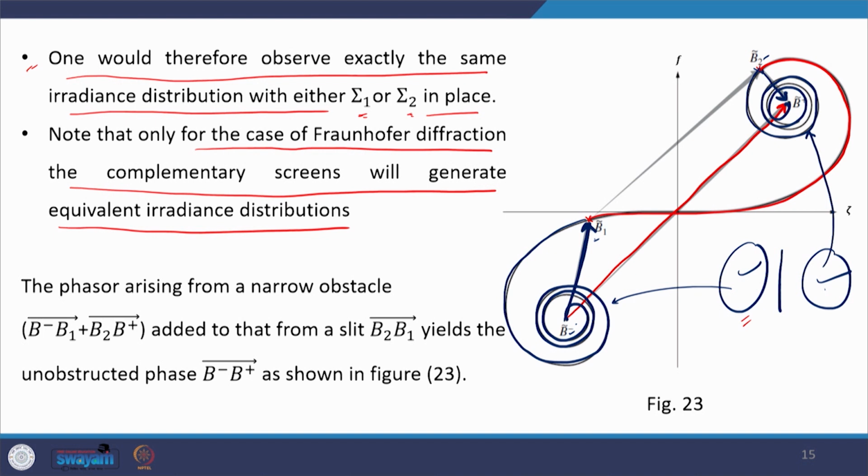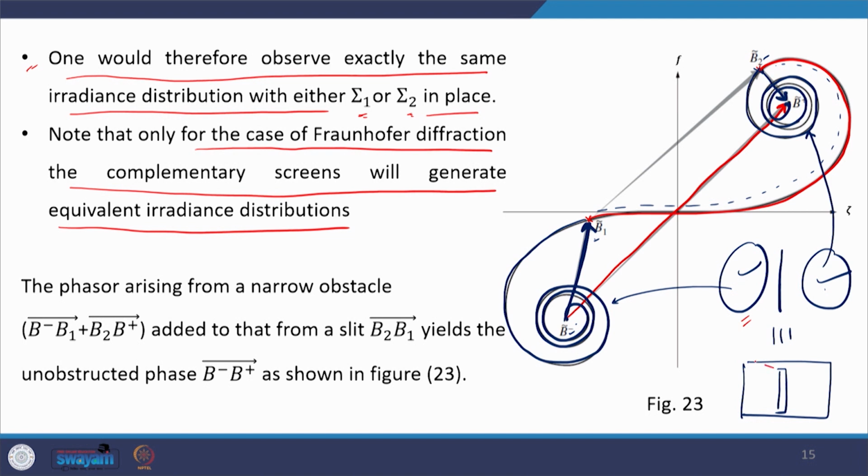To have the exact value of the irradiance at point P, we vectorially add up these two phasors. The region given by the red arc represents the contribution from a thin slit, which is the screen complementary to the narrow obstacle.